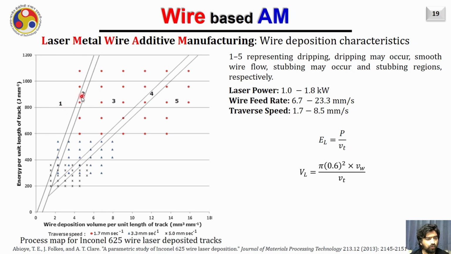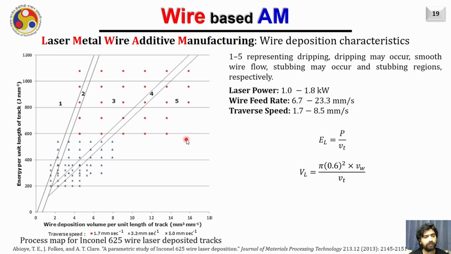Zone 2, which is very narrow and very uncertain, you may get the dripping, meaning the droplet transfer, or may not. Then the next is the third zone where the smooth transfer of the material is occurring, and then zone 4 where the smooth transfer may occur or may not. Then the fifth zone where the stubbing will occur.